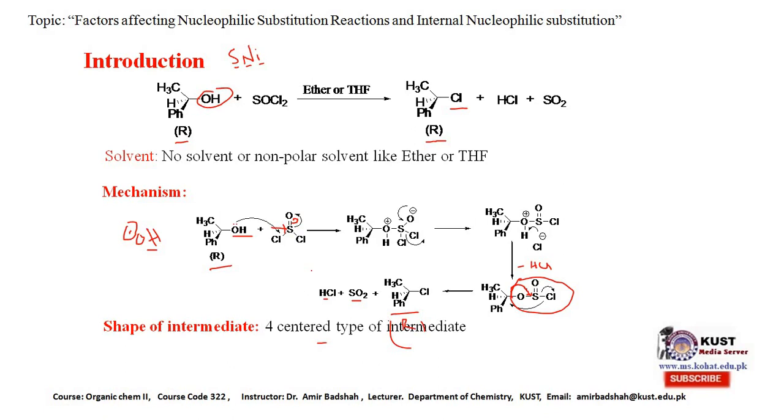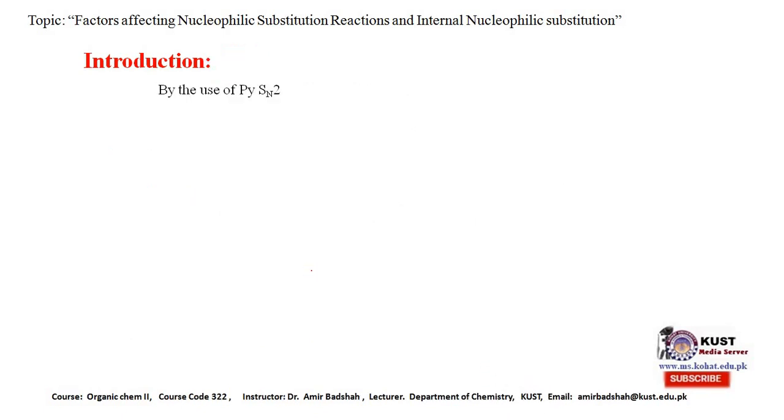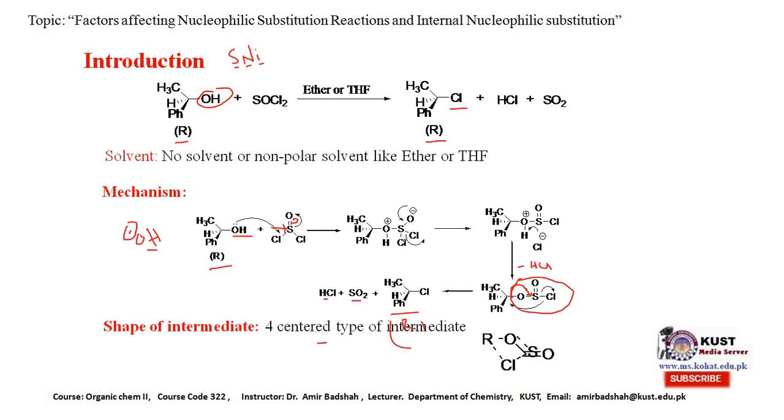What is the shape of the intermediate which is formed during this reaction? Mostly it has been shown in books that a cyclic transition state is formed, a four-center cyclic transition state. Here R is bonded with oxygen, and then it is bonded with the sulfur.